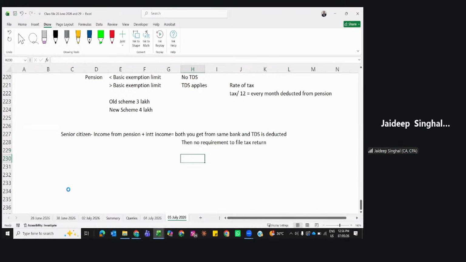Clear? Then there is no requirement to file the tax return.